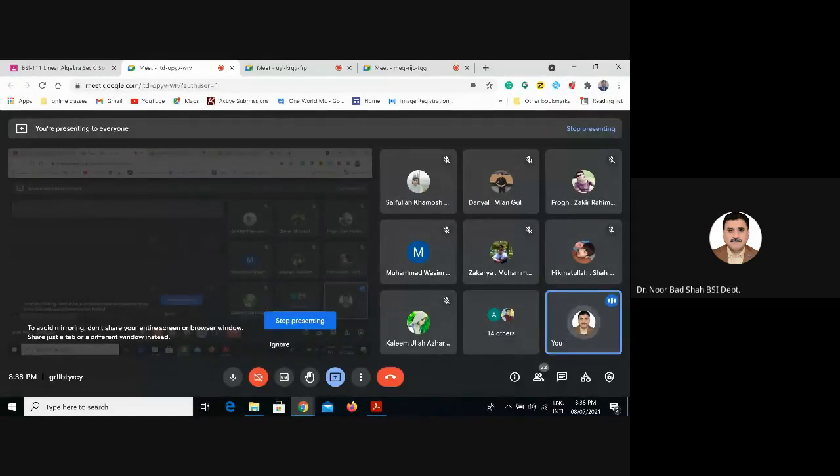In each section, do you see who is present in the class? Can you take attendance yourself over there? Should I take it?